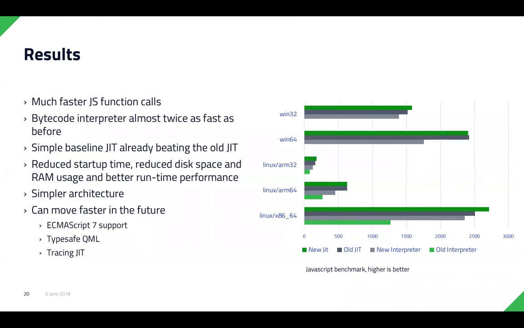We are also looking then at a tracing JIT to improve the performance further. Have some prototypes currently in the works, and this is looking very promising, beating the current baseline JIT already by a good factor. And then we will be longer term also looking into really using this as a basis to also improve on QML as a language.